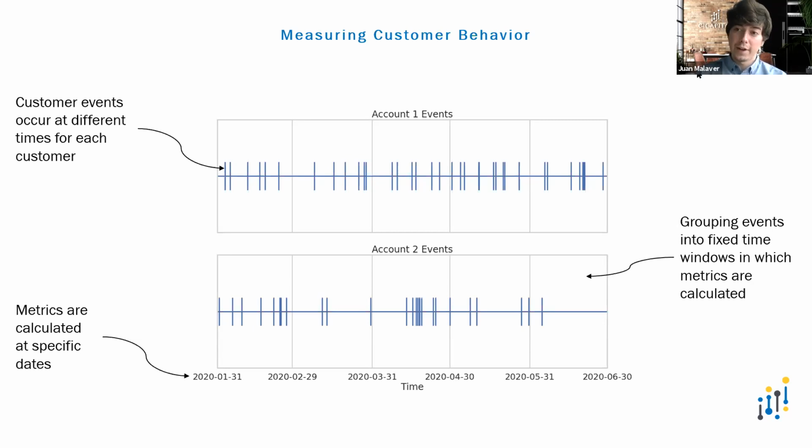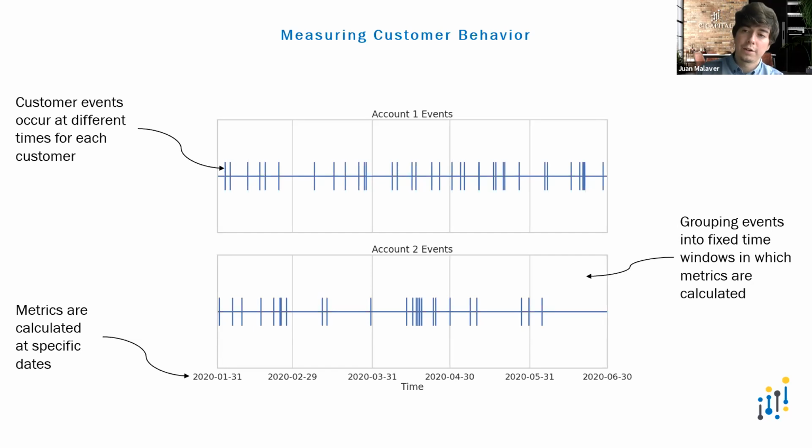Then, using event data, we do some sort of aggregation over a specific time interval. That can be a calendar month, billing periods, or a year, whatever you want. Then we generate a behavioral metric, which is a summary of customer events over a fixed time window.